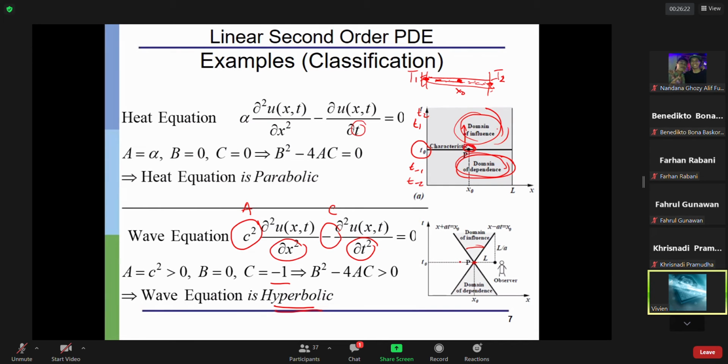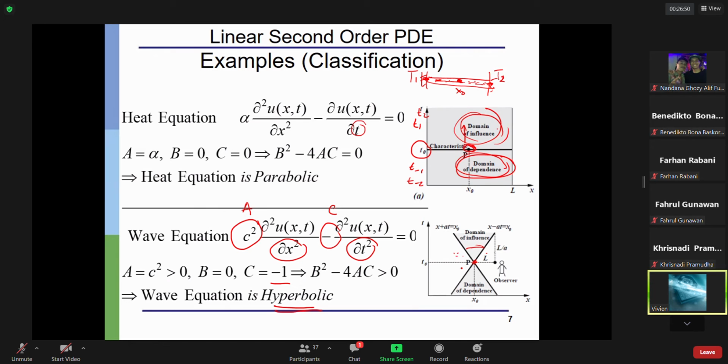But if we look at the hyperbolic equation, when we give the disturbance at this point, the other points will not be directly affected. The area that will be affected by the disturbance that we give is only a small area close to the point x0. The points which are far away from x0 will not be affected by the disturbance that we give.